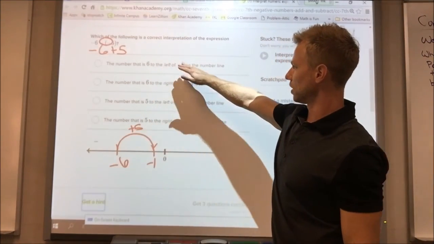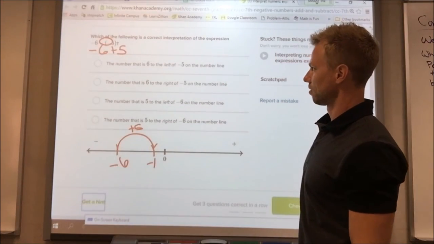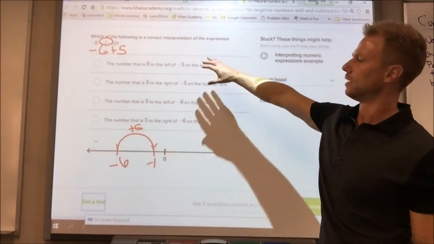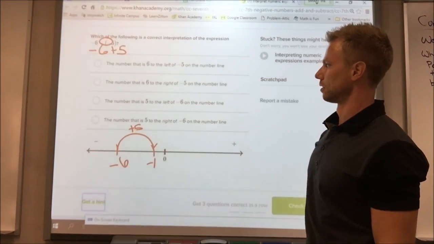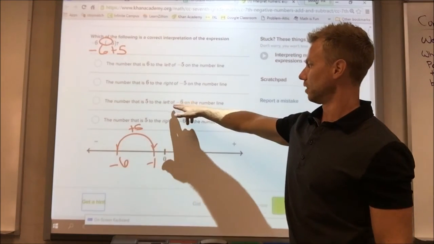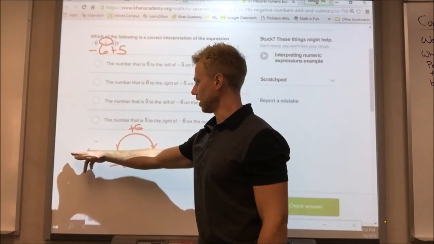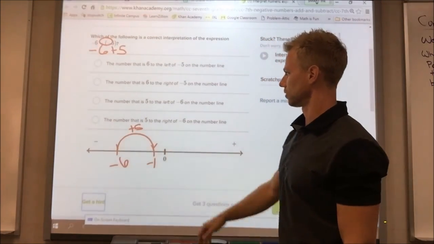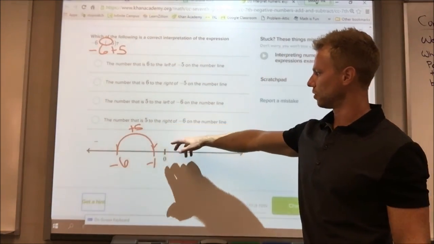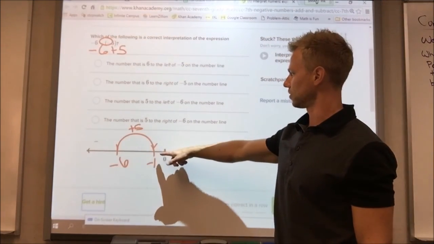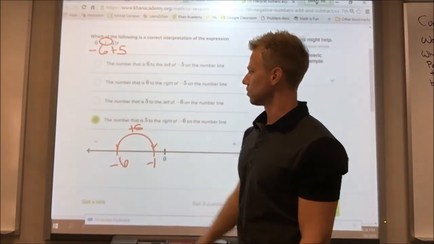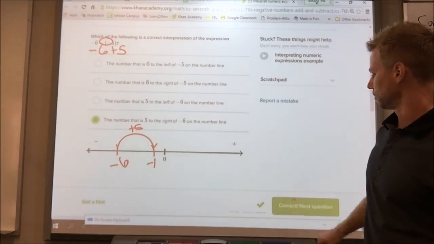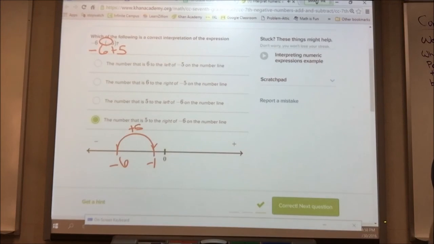So the number that is 6 to the left of negative 5, see, we don't have a negative 5 in our problem once we simplified it, so those two don't really make sense. The number that is 5 to the left of negative 6, are we going to the left of negative 6? No, we're actually going to the right of negative 6. So this says the number that is 5 to the right of negative 6 on the number line. So that last one is the one that matches our number line, the one that seems to make sense. And that's right. Okay?